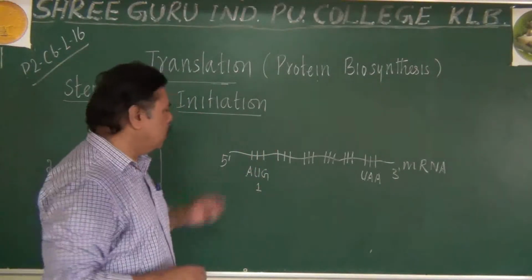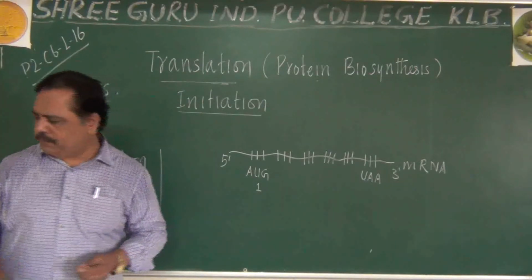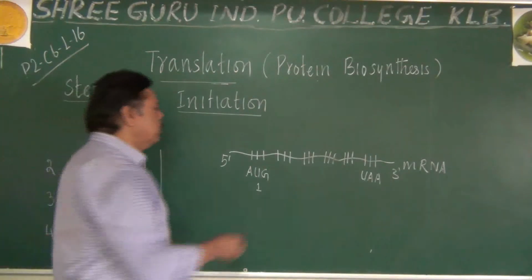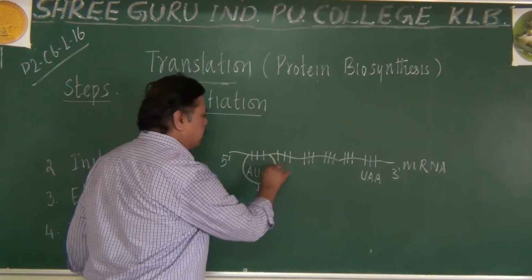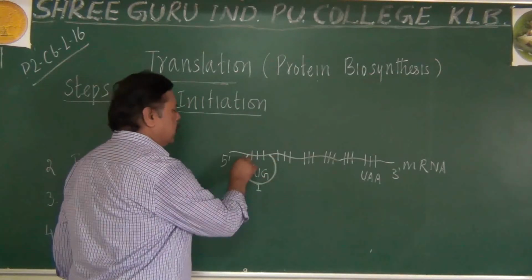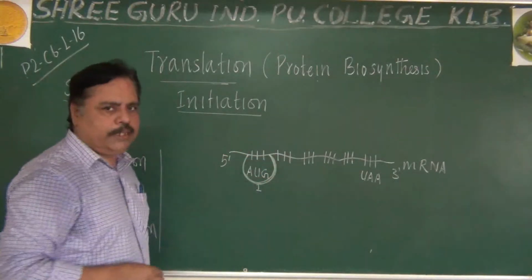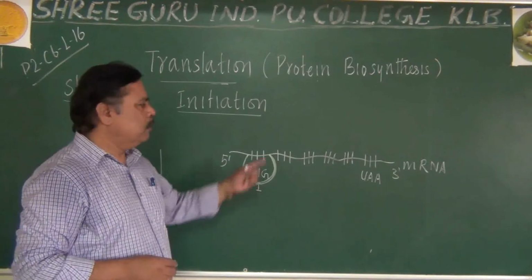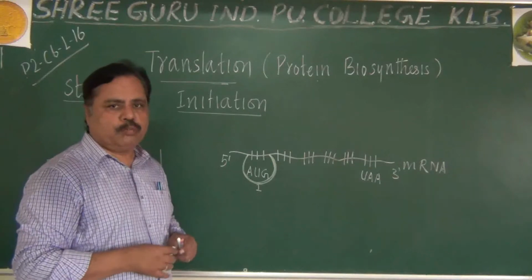Okay. Now what happens during initiation? The smaller subunit of the ribosome will come and bind with this mRNA in the beginning. So initiation starts with binding of mRNA with the smaller subunit of the ribosome.